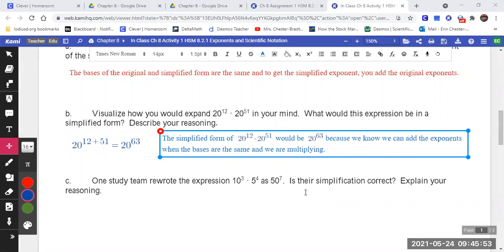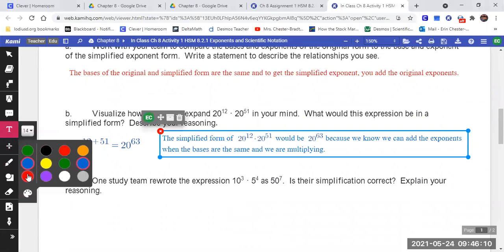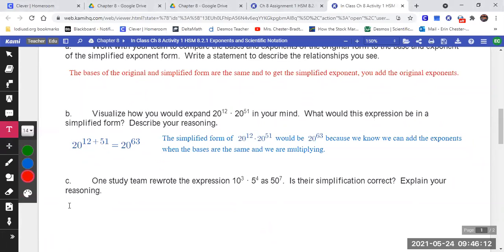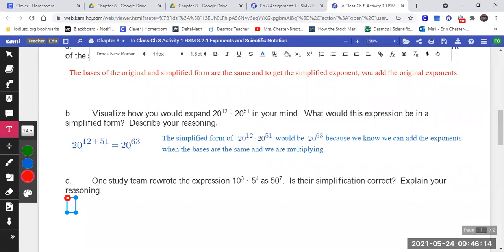Did they follow the process correctly? Look at what we just wrote on the last piece. Does 10 to the third power times 5 to the fourth power make 50 to the seventh power? Not according to what we just got done saying, right? So is their simplification correct?